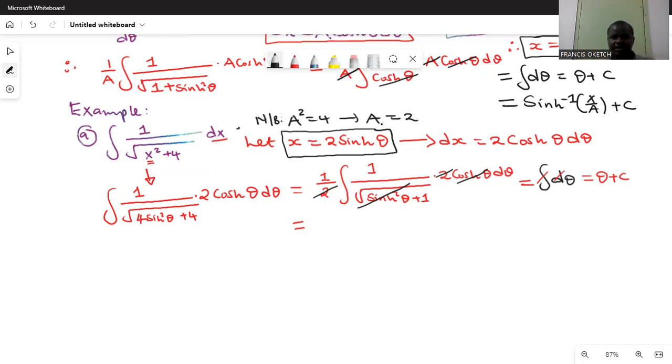Then when I take sinh inverse on both sides, you get theta is equal to sinh inverse of x over 2. So our answer will be sinh inverse of x over 2. And remember, there's a constant c of integration. I told you every time you must add the constant of integration.